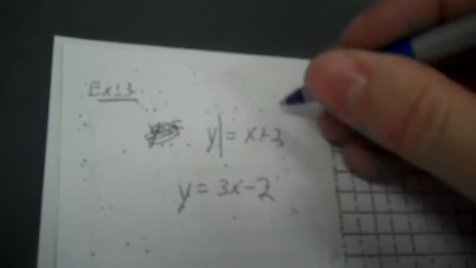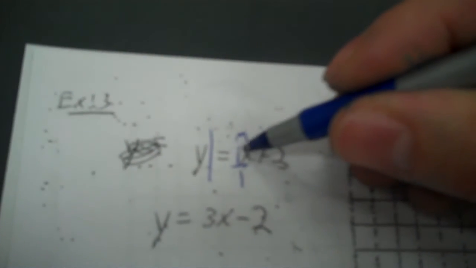Okay, next problem, sample 3. Y is by itself, so I put m and b labels. This is b. I put a 1. So I would start up at plus, that's supposed to be a 2. So up at plus 2. Then we have positive 1 and 1.